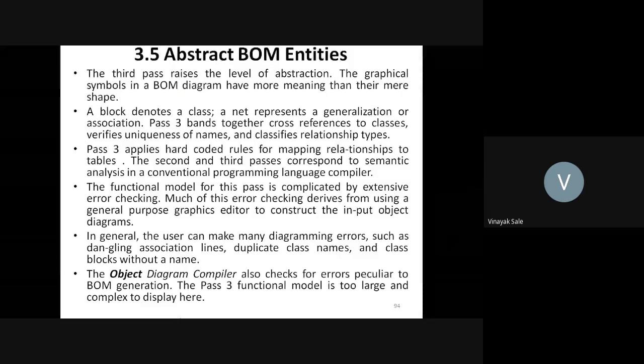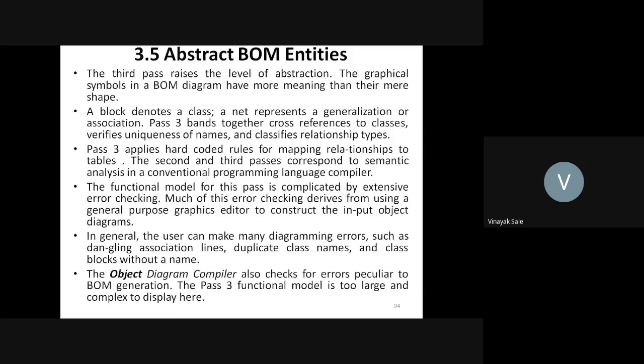Then abstract bill of material entities. The third pass raises the level of abstraction. The graphical symbols in a bill of material diagram have more meaning than their mere shape.